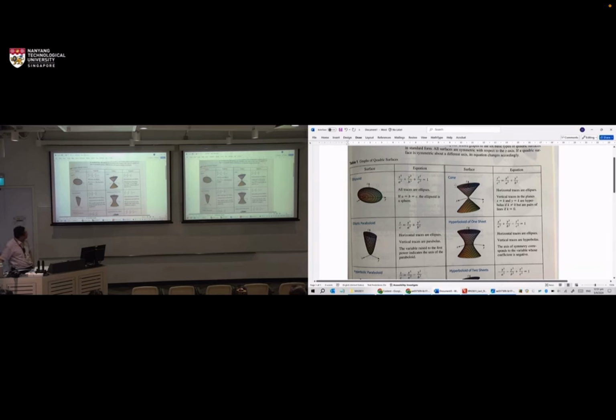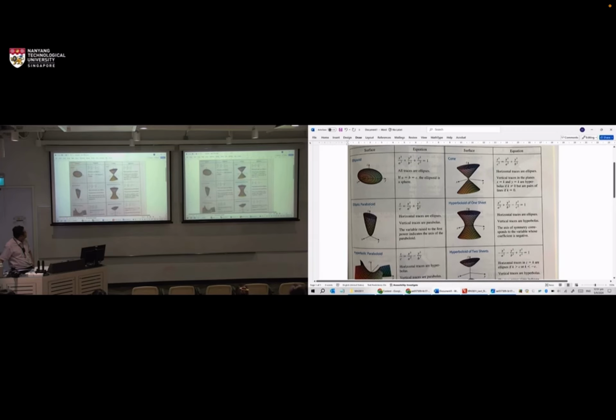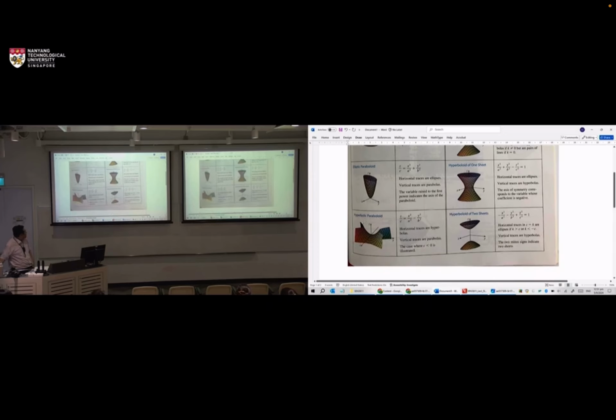This is the cone formula, the elliptic paraboloid, the hyperboloid of one sheet, the hyperbolic paraboloid, and the hyperboloid of two sheets. They use all these shapes and functions to design those aesthetic buildings that you see, very beautiful ones.